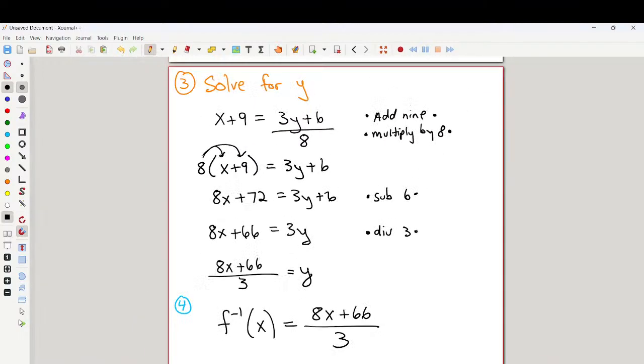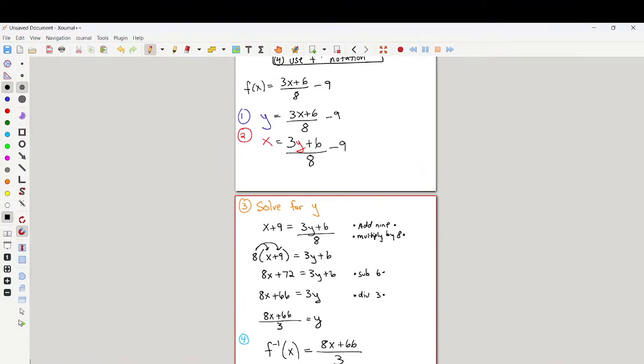I always like to check, if I have like time on a test or something. For instance, someone give me any number. Let's use 2. No, that's not going to be nice. This is kind of a gross example.